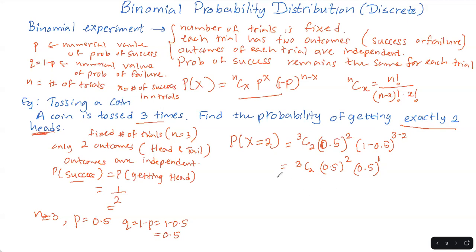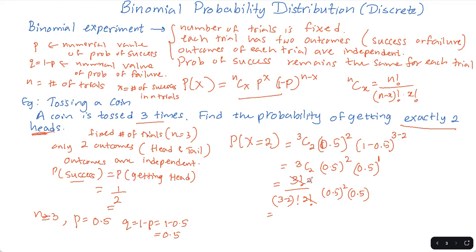If you expand this, it is 3 factorial over 3 minus 2 factorial times 2 factorial, times 0.5 squared times 0.5. Here we can simplify: 1 times 2, and 1 times 2 times 3.